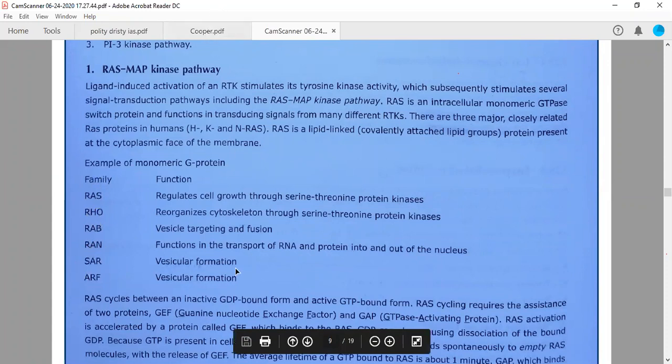They are about 50 proteins which are involved in either cell growth regulation, cytoskeletal reorganization, vesicle targeting and fusion, and vesicle formation in cells so that the cargo can be transported from one location to another in the cell cytosol, or function in the transport of RNA and protein out of the nucleus. So they have different functions, but they come under the same family.